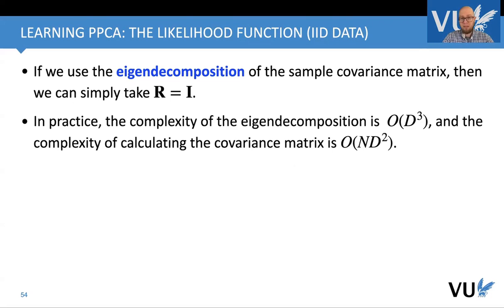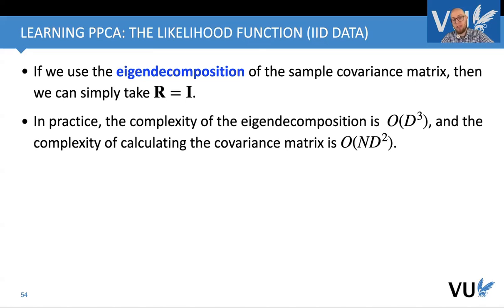However, in practice, the complexity of the eigendecomposition is d to the power of 3. So we have this cubic complexity. Then the complexity of calculating the covariance matrix is n, the number of points, times d squared.